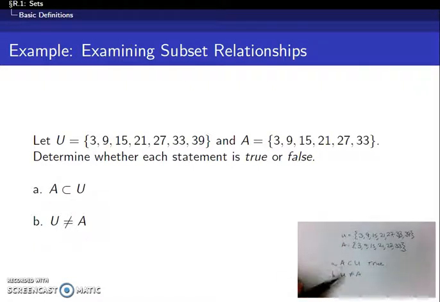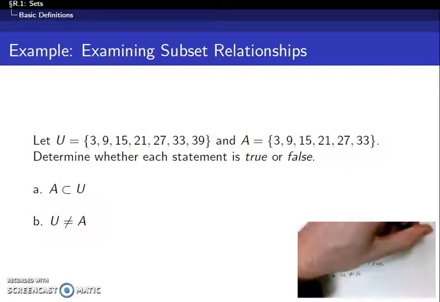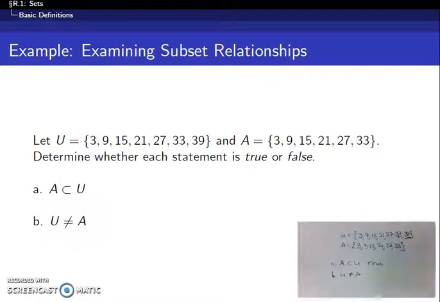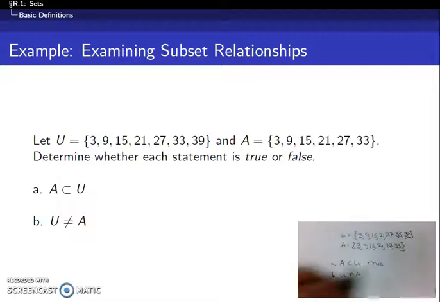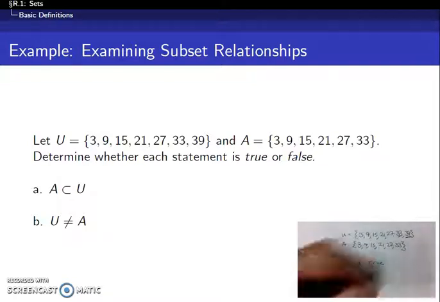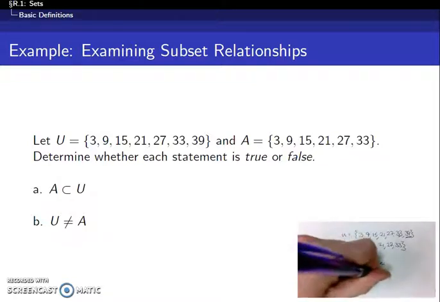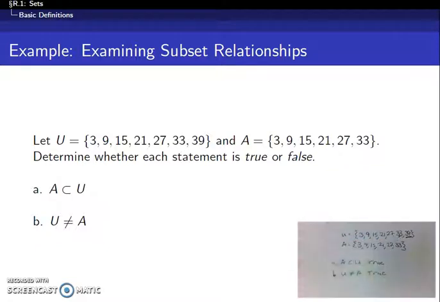But also, in order for equality, U also has to be a subset of A. That means every single element in my set U also has to be in set A. If you look at that last element, 39, it is an element of my set U, but is not an element of set A, so the two sets are not going to be equal. In this case, that statement is also a true statement.